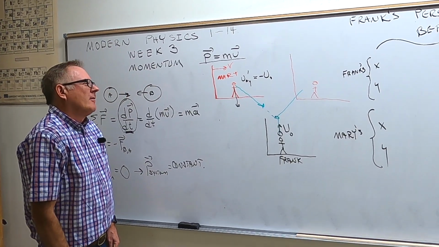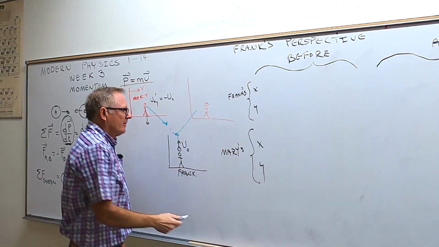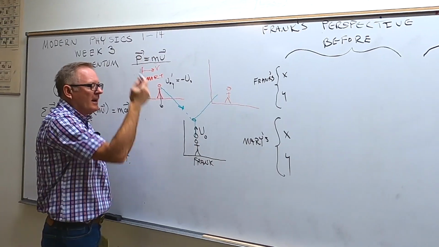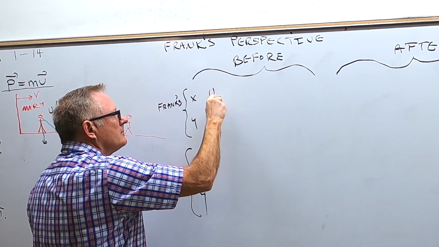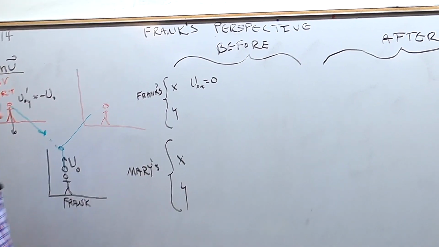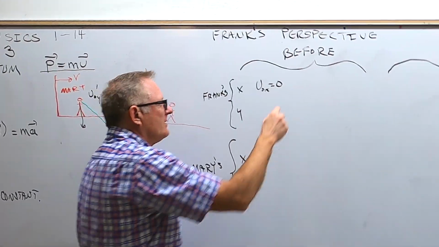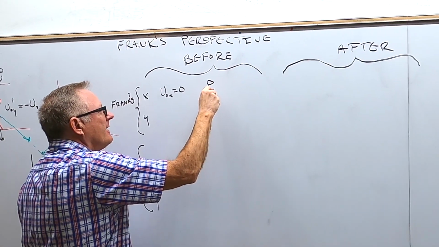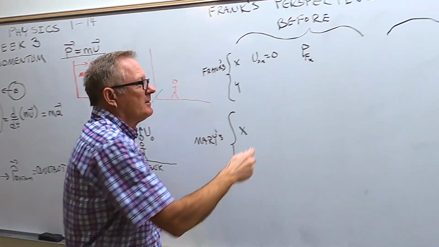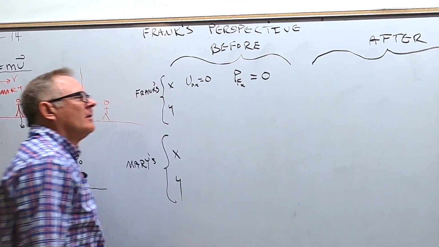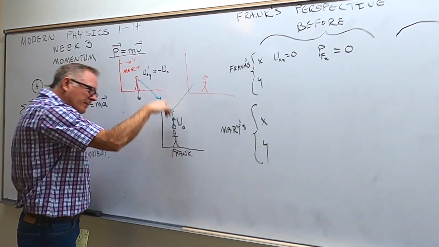Why don't we get the velocity first? What is Frank's X velocity right here? Well, Frank is just throwing it straight up. He has no X velocity, so u naught x is equal to 0. That means his momentum in the X direction, P of Frank in the X before, is also equal to 0. Okay, and then what does he see the ball do after it hits? It comes straight back down to him.